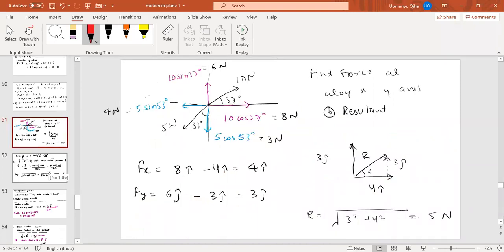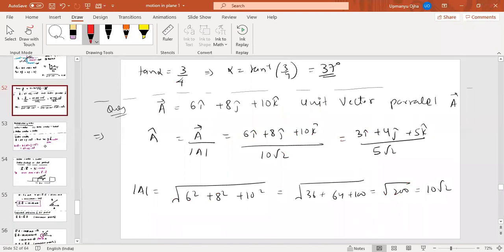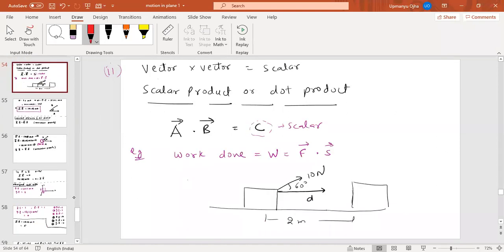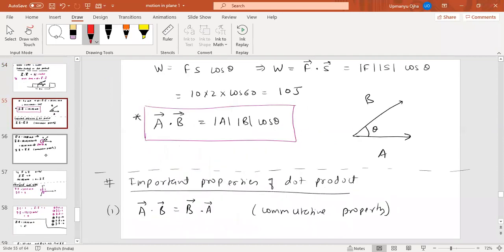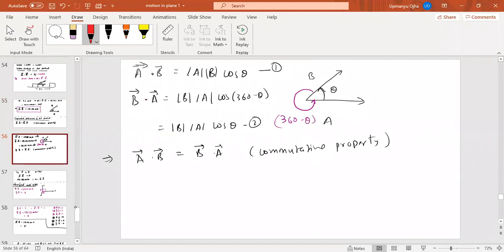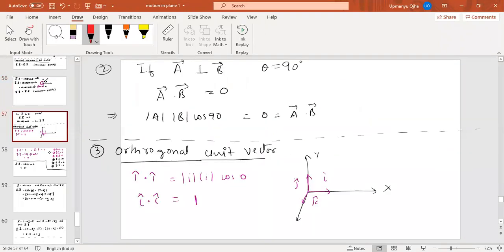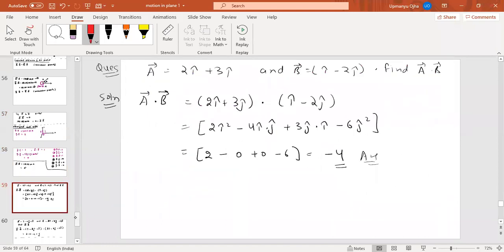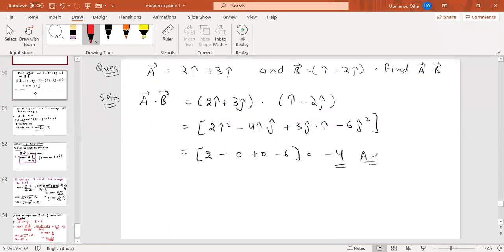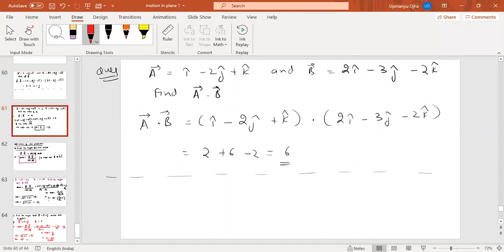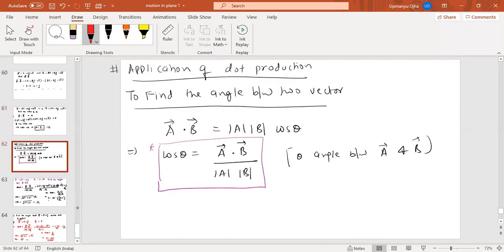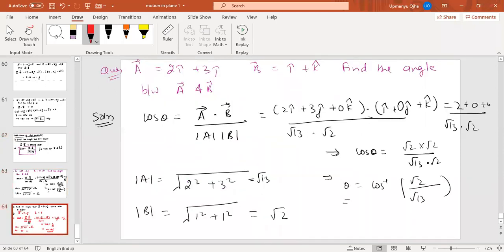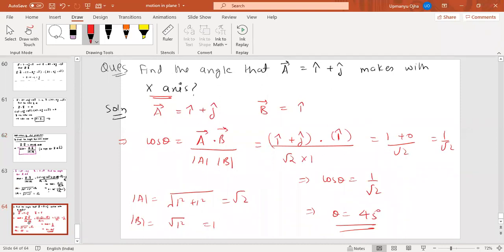First one, second, third, fourth, fifth, sixth, seventh, eighth, ninth, 10th, 11th, 12th, 13th, 14th. Okay. Any doubt, any problem, you can ask me.